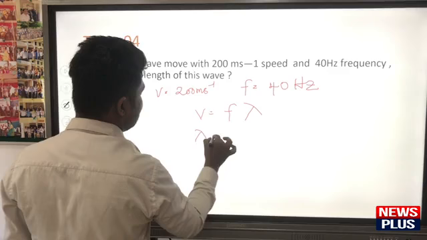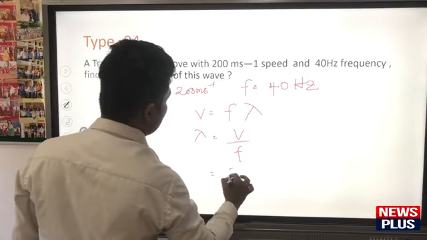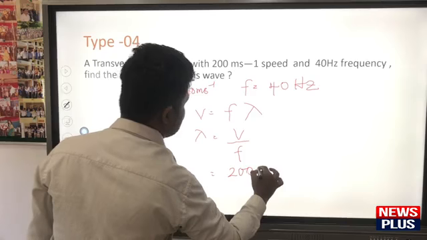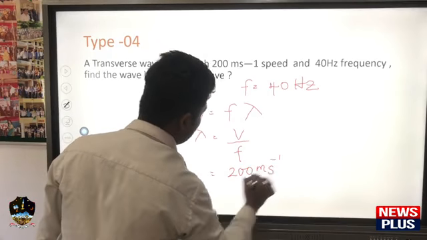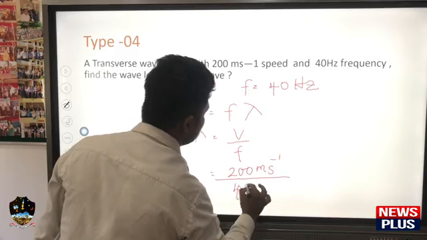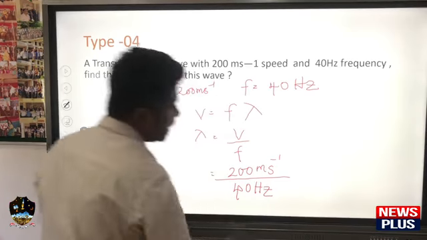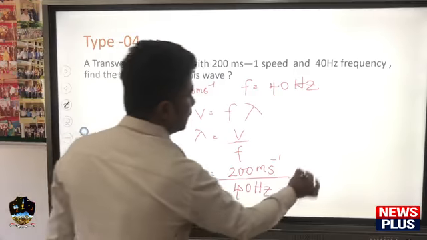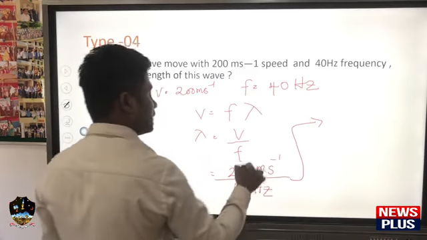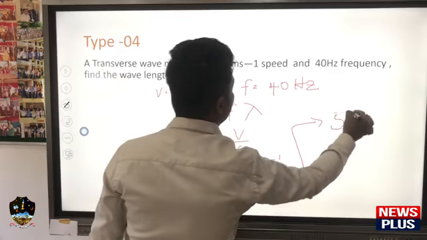So lambda is equal to V over F, and V is 200 ms minus 1, and frequency is 40 hertz. If you like you can put the units, no problem, if you don't, no problem. So 200 over 40, if you cut, 20 over 4, is 5.